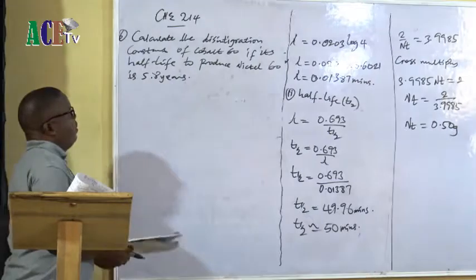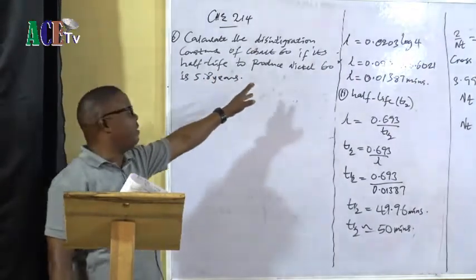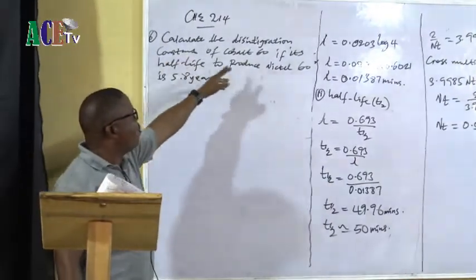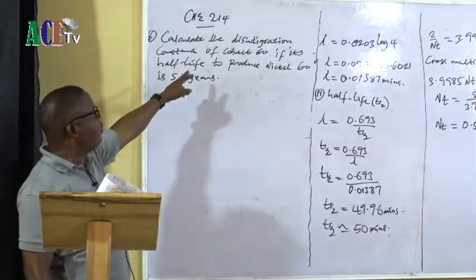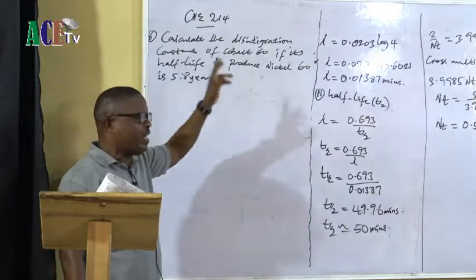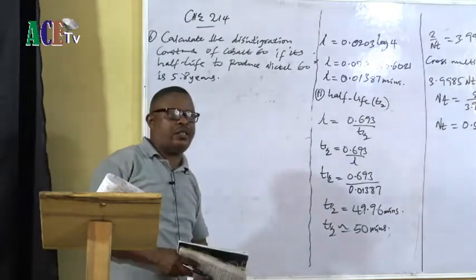This is cobalt subjected to radioactivity and nickel is produced.